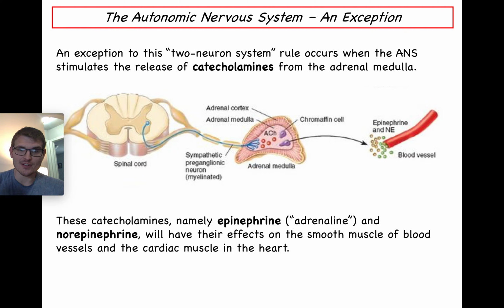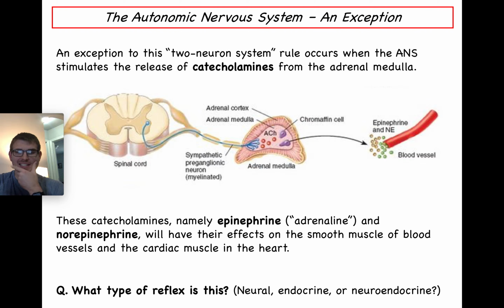Except the major difference is that instead of having a postganglionic neuron direct its axon towards the effector and deliver a neural signal with neurotransmitter, our final output signal here is hormone traveling through the blood. So epinephrine can get all over the place and stimulate sympathetic effects all throughout the body, provided all those cells throughout the body have epinephrine receptors.